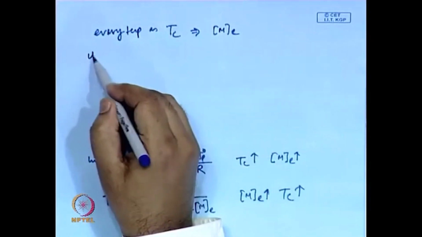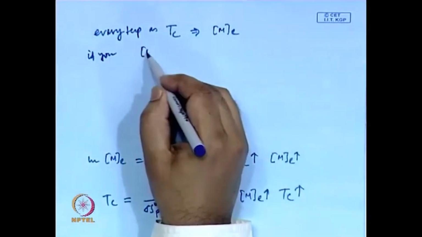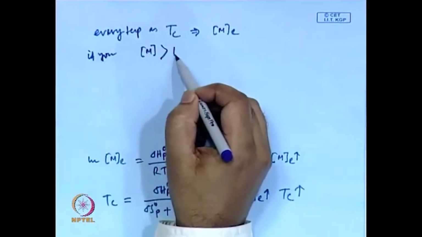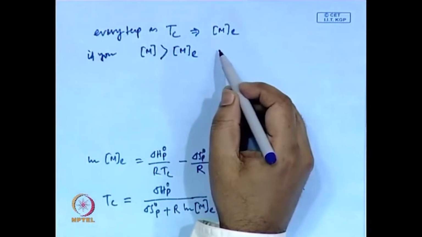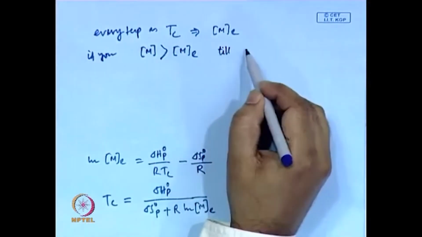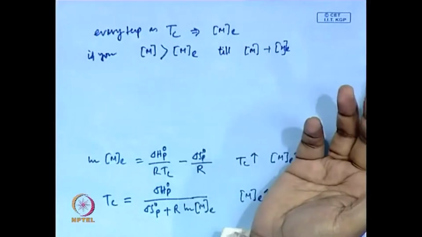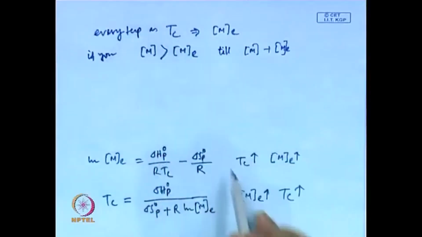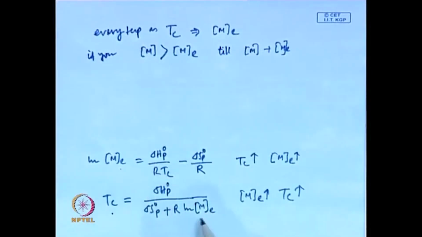If you start a reaction, or if at any point of time in a reaction, the concentration M of the monomer is higher than the equilibrium value, then the reaction will proceed till M becomes Me, then the reaction will not take place further. That means the rate of propagation will be same as depropagation. So, for every temperature there is a ceiling temperature, there is an associated equilibrium monomer concentration.